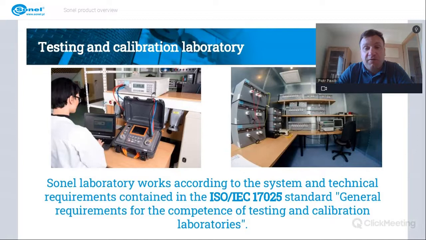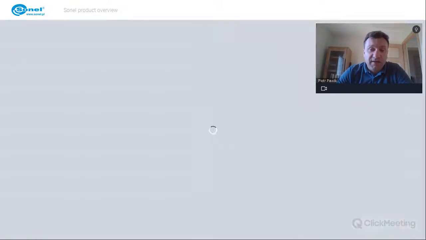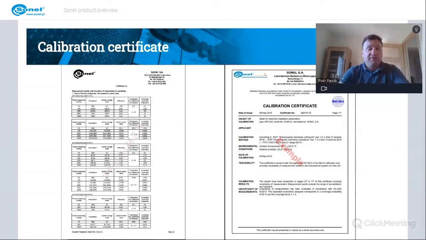So you can use any of your local laboratories to calibrate our meters. But again, when you are going to the customers, you can offer them our calibration certificate by an accredited laboratory as an optional accessory to the meters. This is basically the proof that the meter is working correctly.